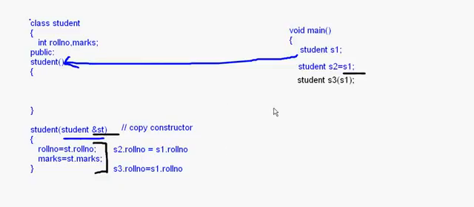So this is how a copy constructor works, and you are supposed to know how to write a copy constructor, that is this part, fine, and how a copy constructor is called, that also should be understood.